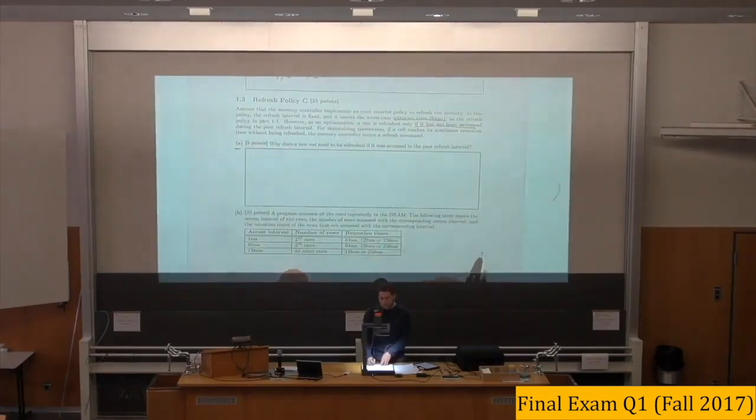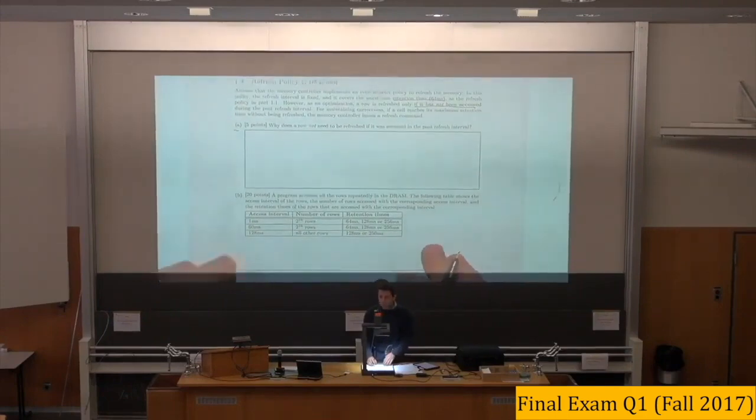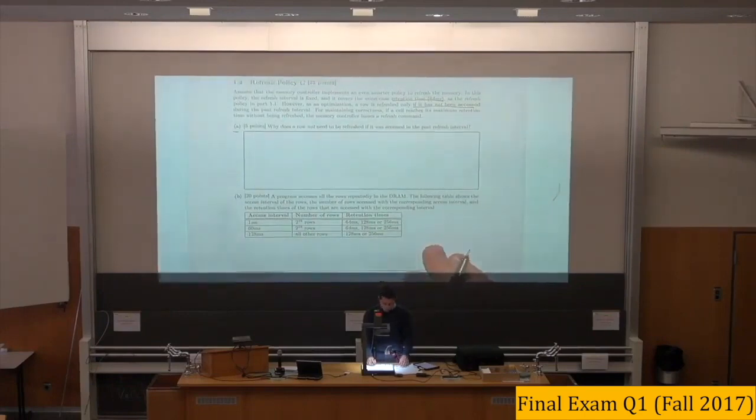Why can a memory controller behave like this? Do you have any guesses for this one? Why can it skip the row? Yeah. Because the cell is recharged on every access. Yeah, that's basically the case. So when you access it, the cell will be recharged after it is sent to the sense amplifier.